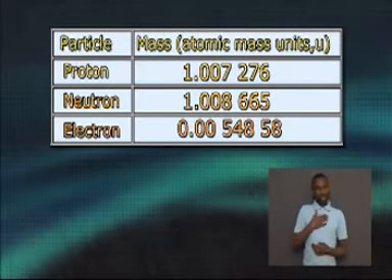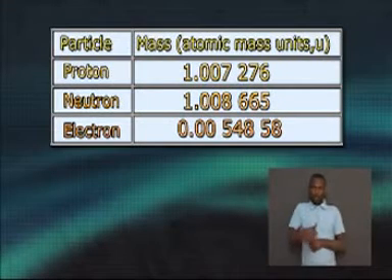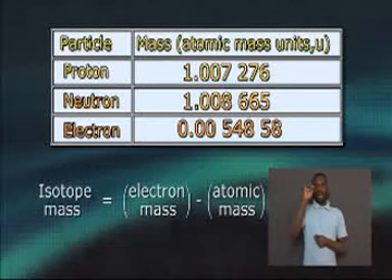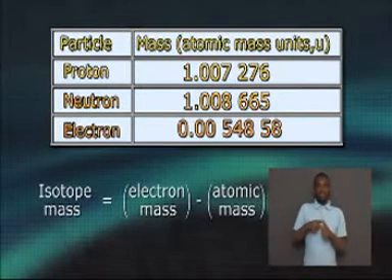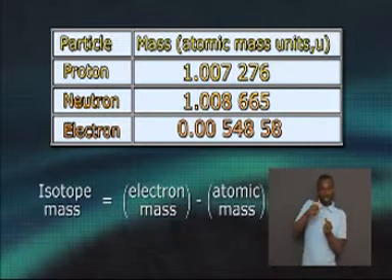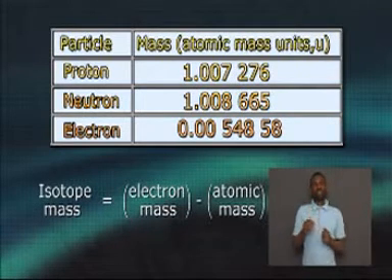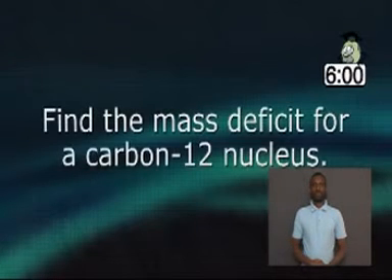Please note, students, to find the measured nucleus mass or isotope mass, first calculate the electron mass and subtract this number from the atomic mass. Please go ahead with the activity. Students, let's get ready. Begin.